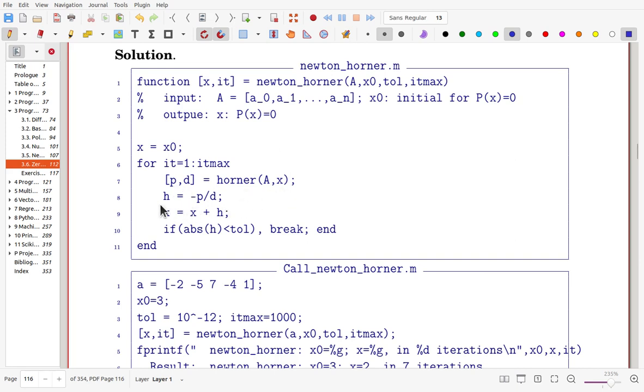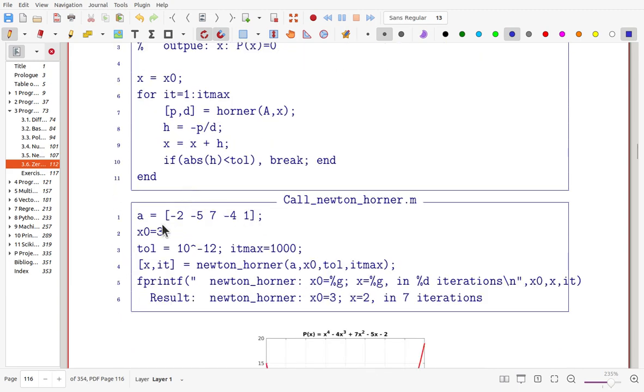This is the correction term, added to update the point. Once h in modulus is smaller than the tolerance, we break the iteration. So that is Newton iteration with help from Horner's algorithm to get the polynomial value and derivative value.